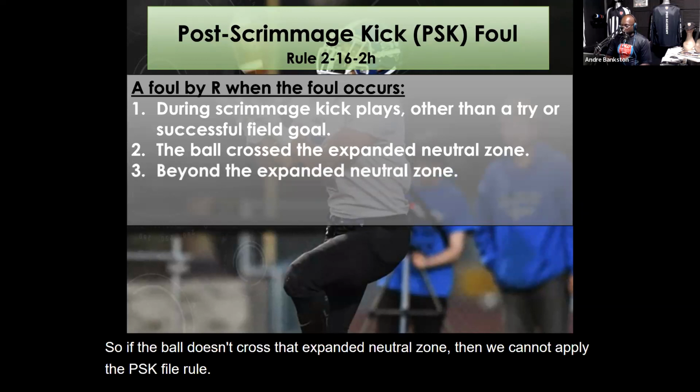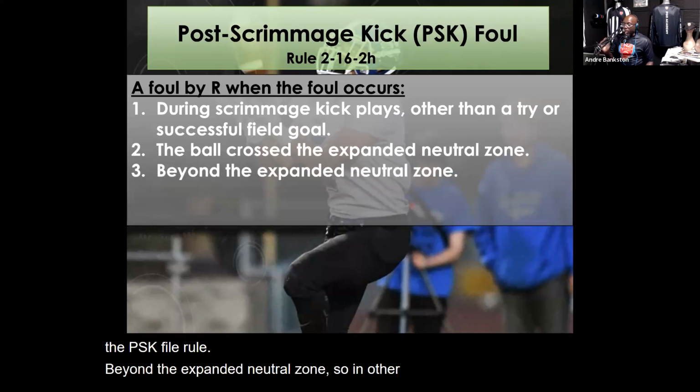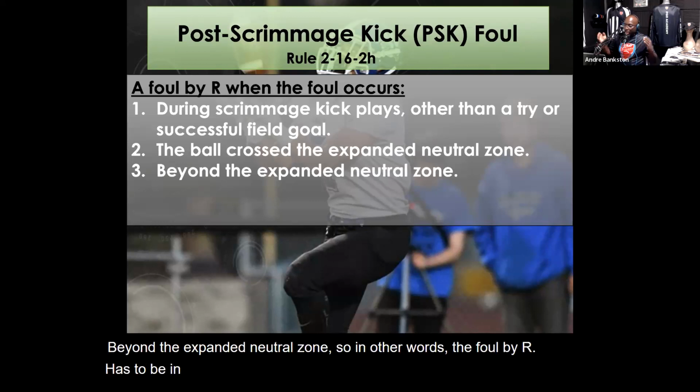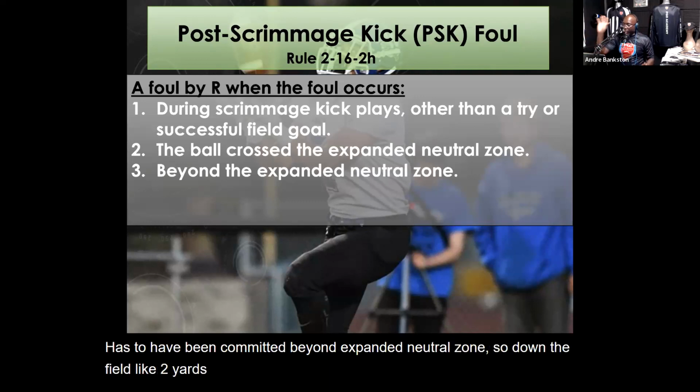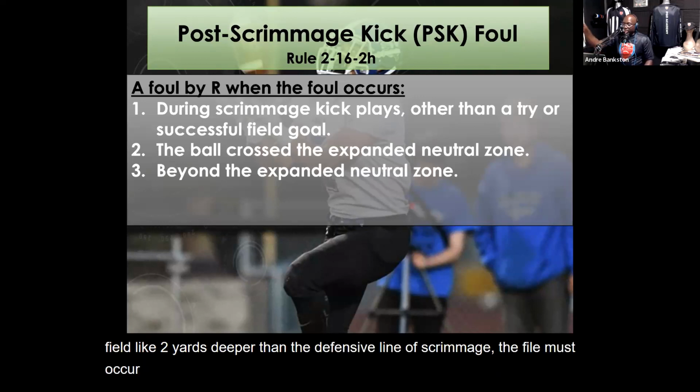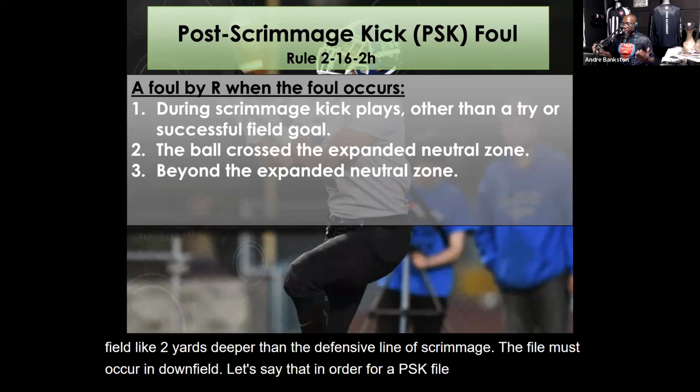Beyond the expanded neutral zone. So in other words, the foul by R has to have been committed beyond the expanded neutral zone, down the field, 2 yards deeper than the defensive line of scrimmage. The foul must occur downfield in order for a PSK foul to apply.